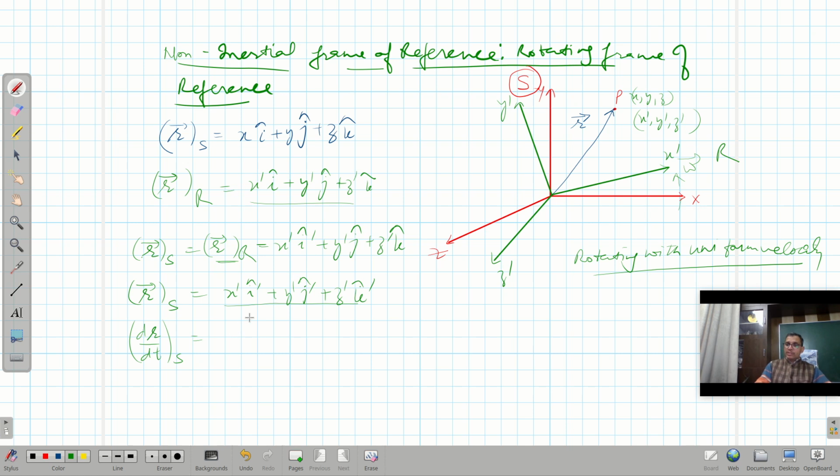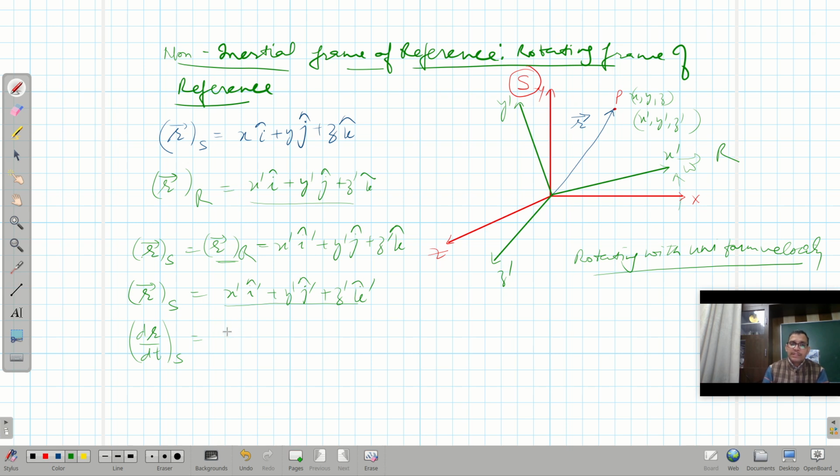Since S frame rotates, x prime is also changing and the i cap prime is also changing, and similarly y and j and z and k, these all are changing, as I have also discussed in the frame of references or the Cartesian coordinate system in the Galilean transformation.